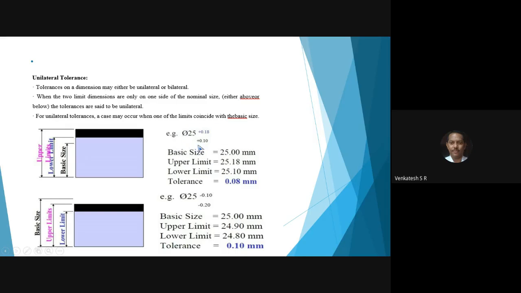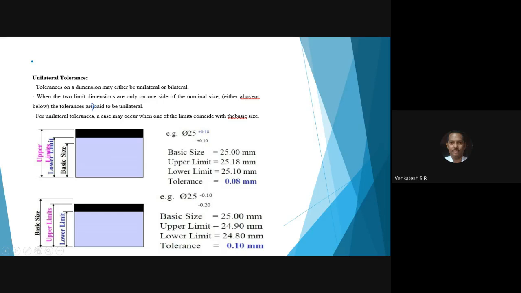Specifying the limits above and below the nominal dimension is called bilateral tolerance. If you specify the limits in only one direction, plus or minus, then it is called unilateral tolerance.